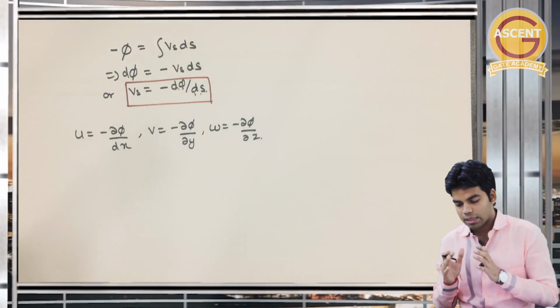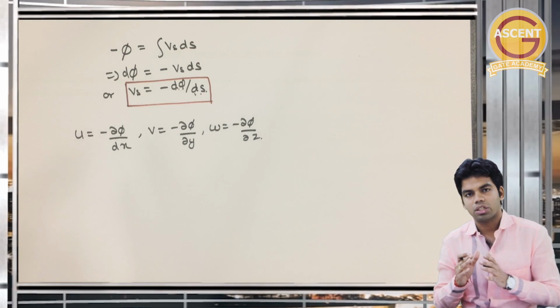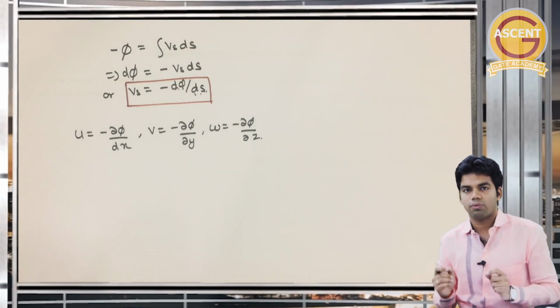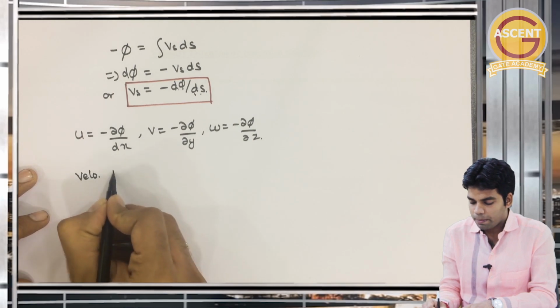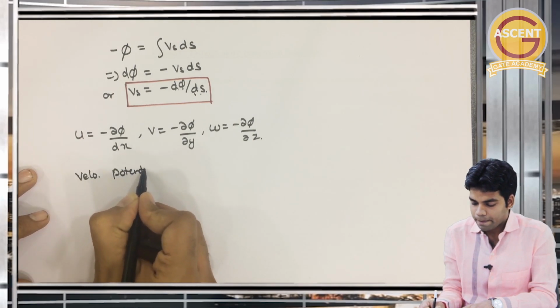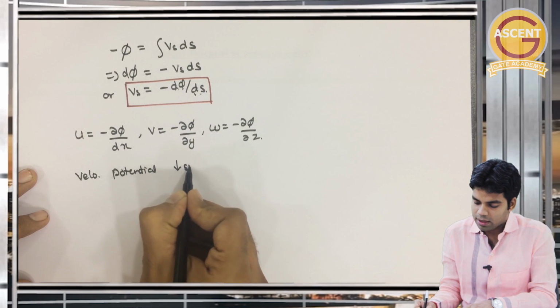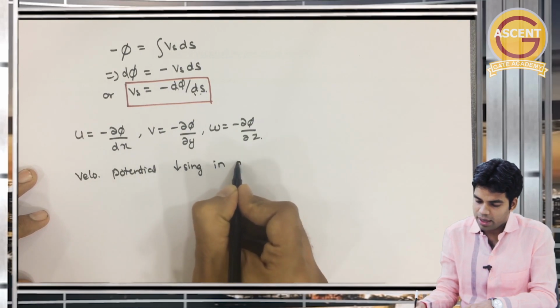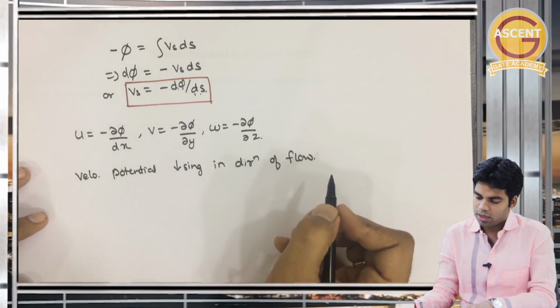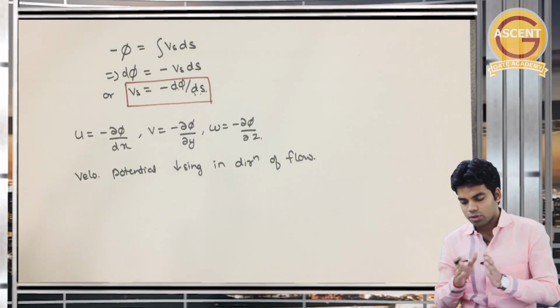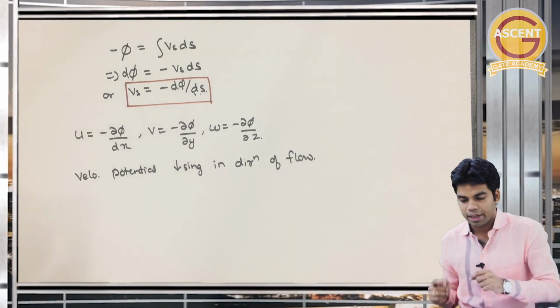This negative sign indicates that the velocity potential is decreasing in the direction of flow. Okay, that means for a possible flow the velocity potential must decrease in the direction of flow.